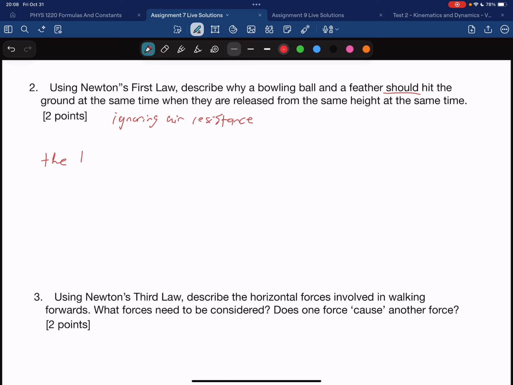the ball has a greater mass and a greater inertia. Therefore, it takes more force to accelerate it.